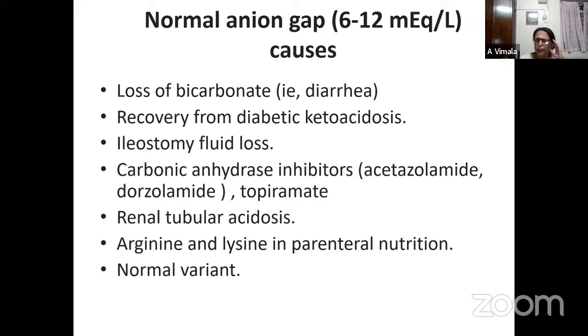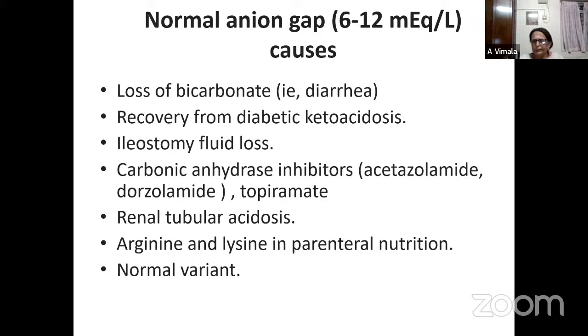So this is just to tell you diarrhea is life-threatening for a child. Loss of bicarbonate can result in acidosis. When you recover from a diabetic ketoacidosis, the bicarbonate gets converted, so that also can produce a normal anion gap. For ileal conduit, done for malignancies, you lose fluid through the ileum, which is rich in bicarbonate.